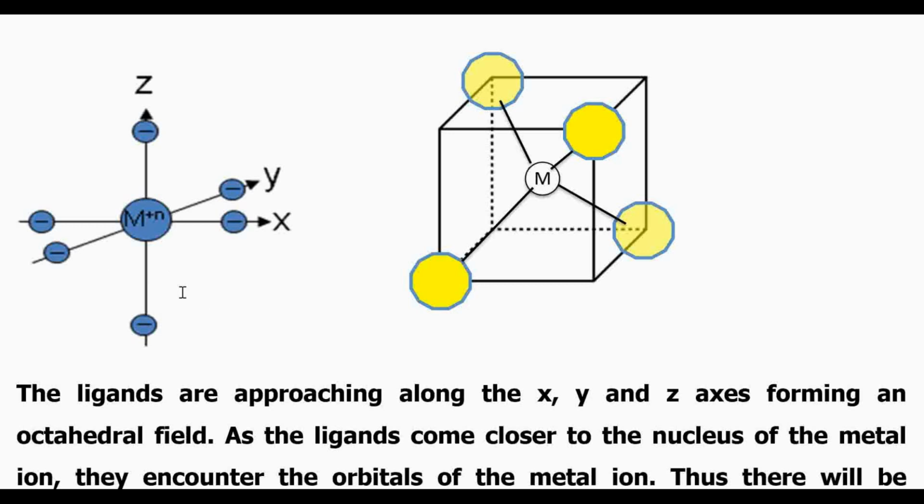So let us see now what happens if these 6 uninegative monodentate ligands approach the central metal ion, and in this part you have to imagine the 5d orbitals, because when these negative ions come closer to the metal ion, first of all what will be on their way? The orbitals.